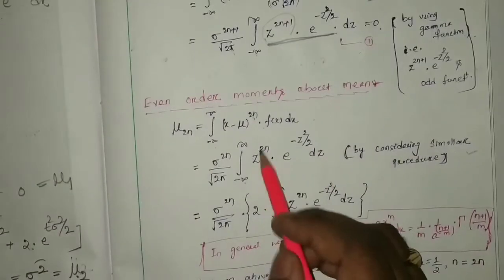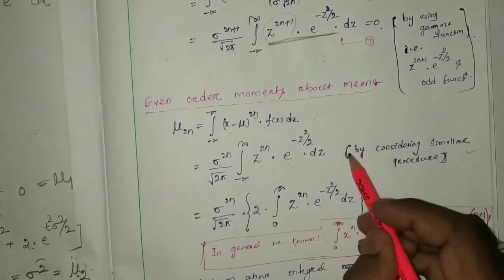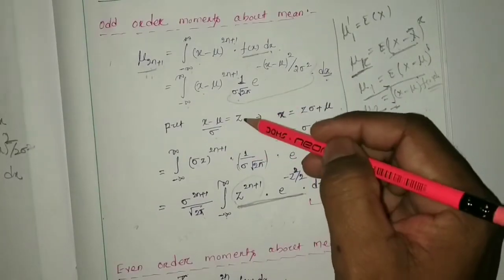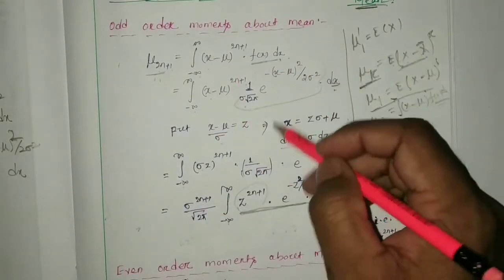So z to the power 2n into e to the power minus z square by 2 dz. Here I have written this by considering the similar procedure we did earlier. In your exam also you have to write this, because these are simple 2-3 steps, no need to write them in detail in your exam.